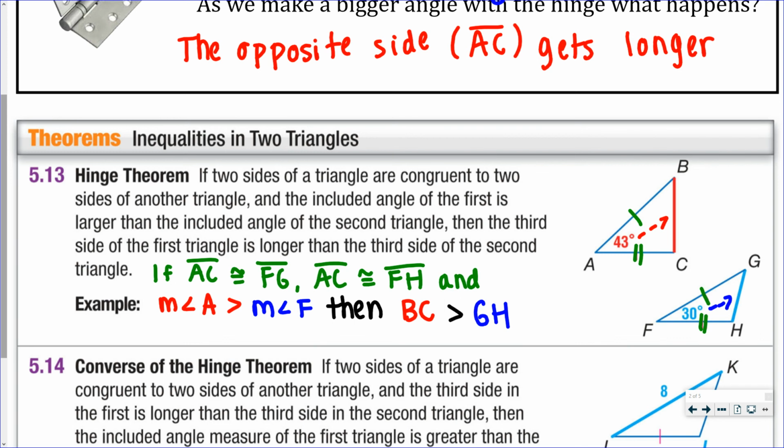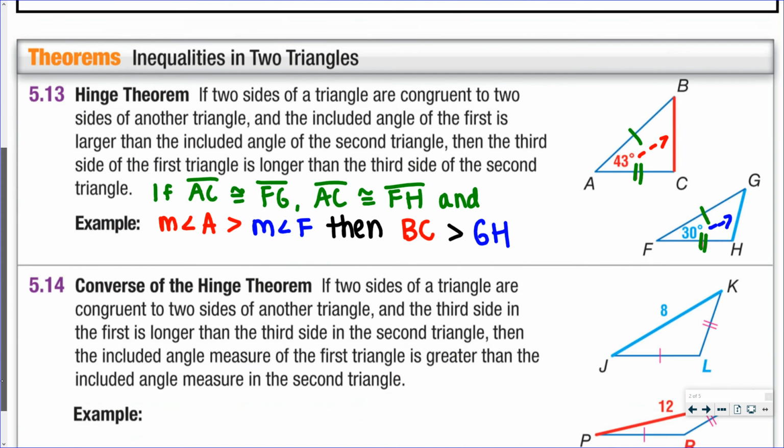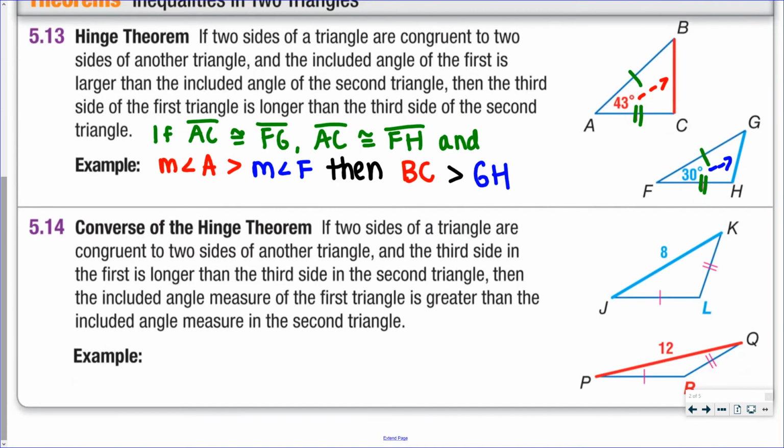Guess what? The converse of this theorem is also true. Now, in order to apply the converse, you still have to show the green part works. There still have to be two congruent sides, okay? So in this case, you can see here, JL and PR are congruent.